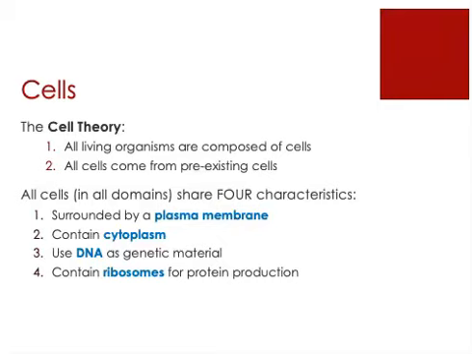If it's a cell and it exists on planet Earth, we can count on it to have 4 characteristics, and I've listed them here. All cells are surrounded by a plasma membrane. All cells contain a gel-like fluid material that we call cytoplasm.